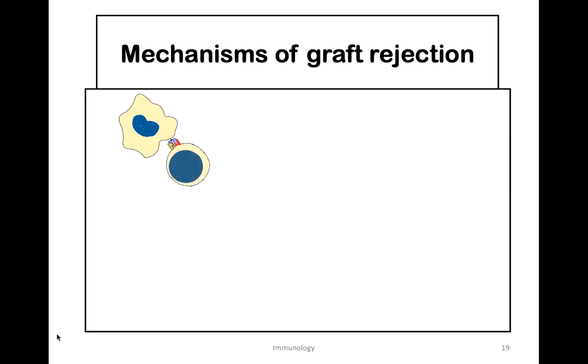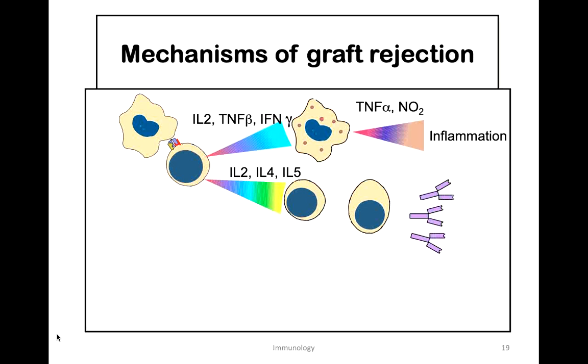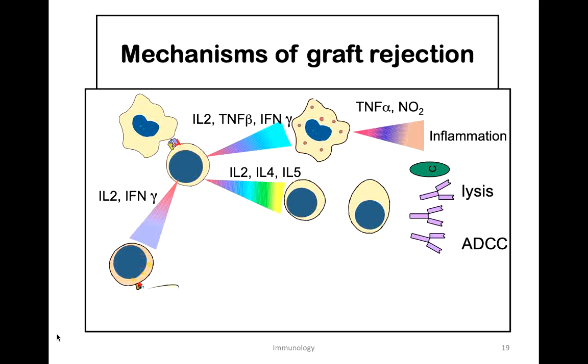So these are the mechanisms of graft rejection: the different types of cytokines that are secreted, and then you have reactive oxygen species, nitric oxide, inflammation. Different types of responses can be generated by virtue of different cytokine profiles secreted by the Th cells.